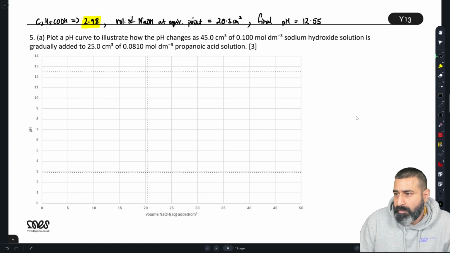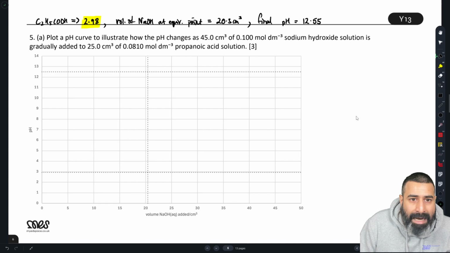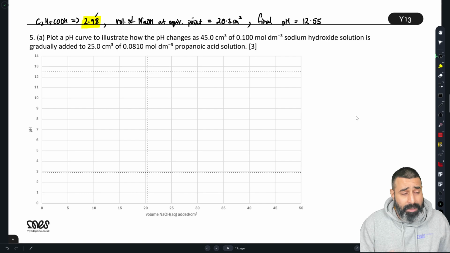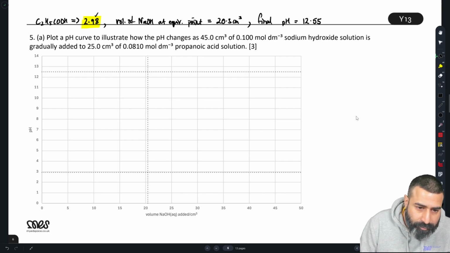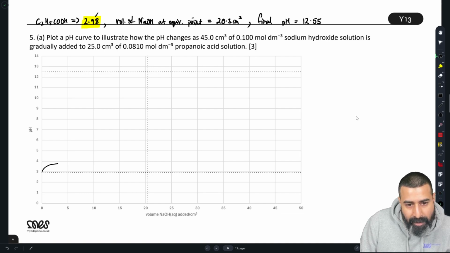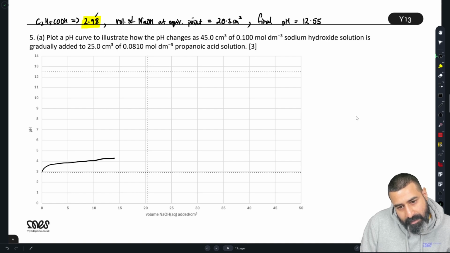So let's go. Our initial pH is going to be 2.98, and when we start adding sodium hydroxide, the pH is going to go up. So there's an initial change in the pH, and then it stabilizes, okay, and rises.